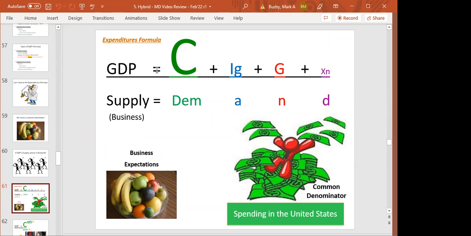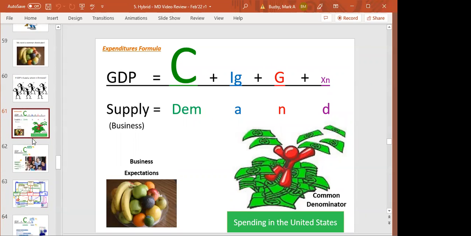We have shortages, we have surpluses, we have equilibrium. We have things that will shift the curve one way or another, whether it's on the supply side or on the demand side. Right now, we're just looking at the whole $22 trillion economy, not just one little product or something like that. So that's where this comes into play.